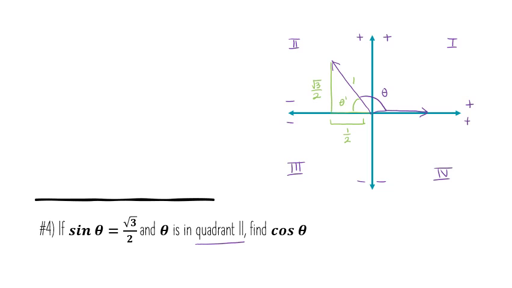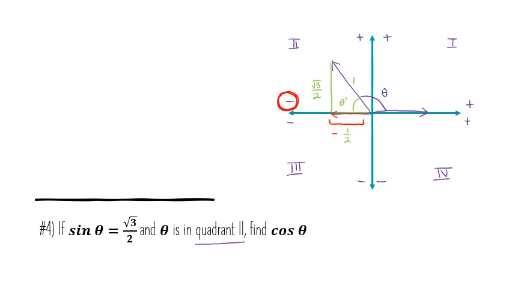But notice I'm in quadrant 2 where the x values, the distance I'm going off in the x direction, has to be negative. So this dimension of my triangle is negative 1/2.